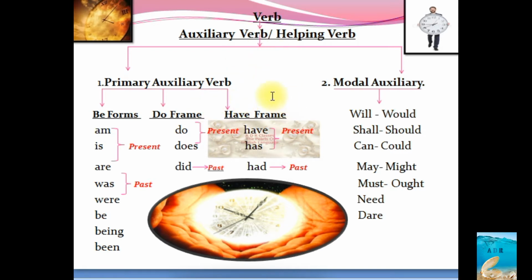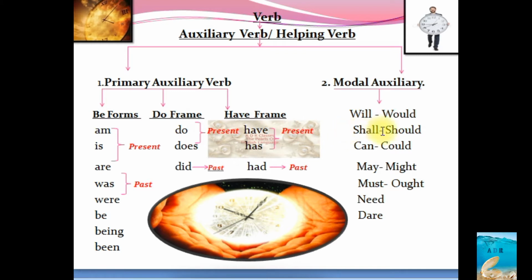Auxiliaries are divided into two main forms. In some books they give marginal auxiliaries also, but here we have taken the primary auxiliaries and modal auxiliaries. Primary auxiliaries with examples I have shown in my previous video. Today my concern is the modal auxiliaries, what they are and how we use them in different examples.